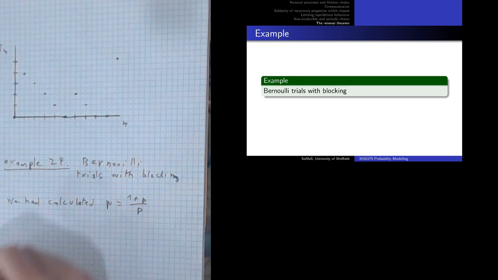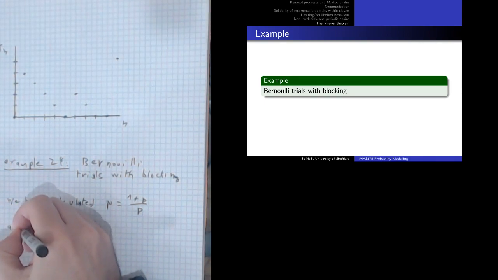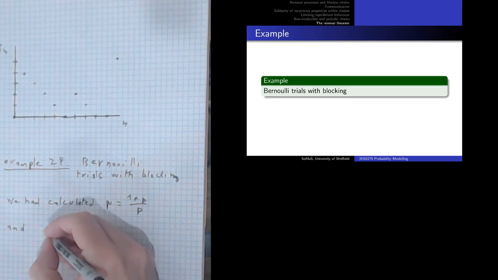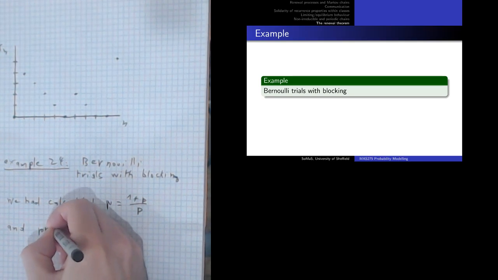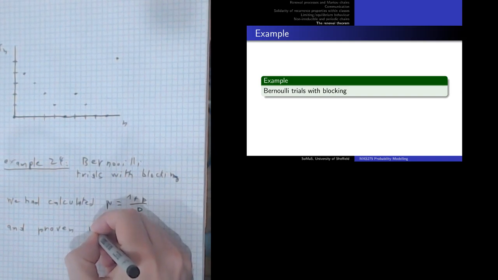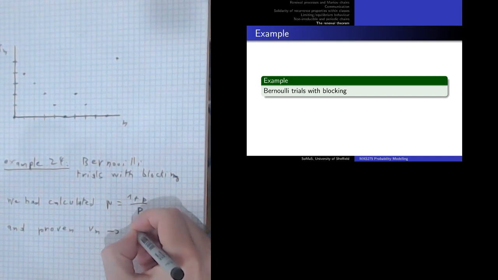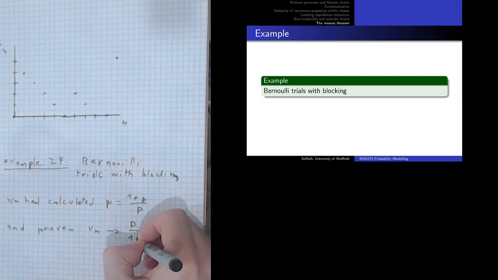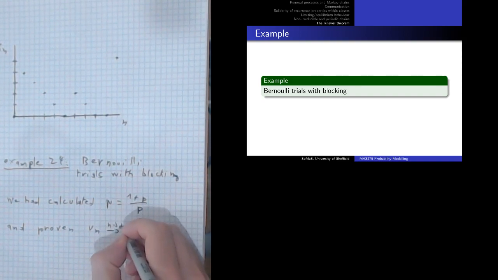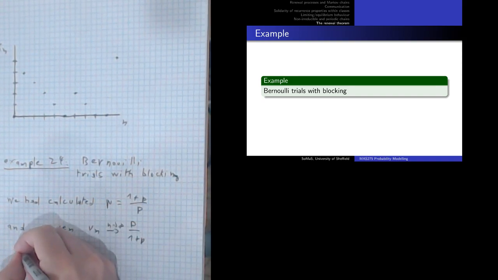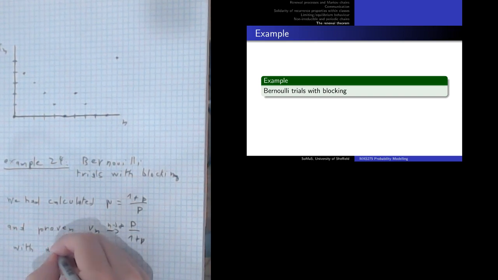And then we had proven that u_n converges to p divided by 1 plus p as n tends to infinity, with a hard computation.